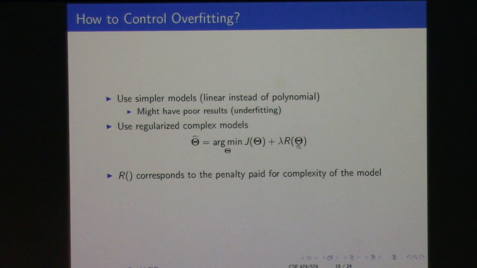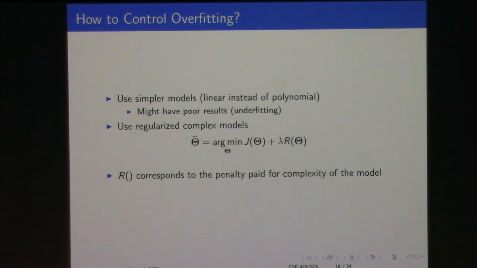So there's some function that defines the complexity of your solution, and you want to minimize that, right? And the lambda is the parameter that controls the impact of either one. So if lambda is low, then you want solutions that fit training data more. If lambda is high, you prefer simpler solutions. You're okay in accommodating some error, right?